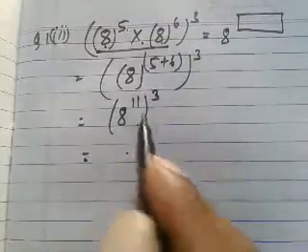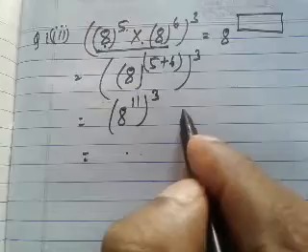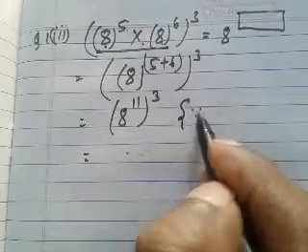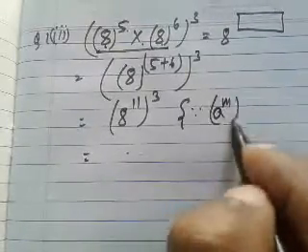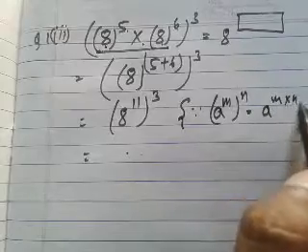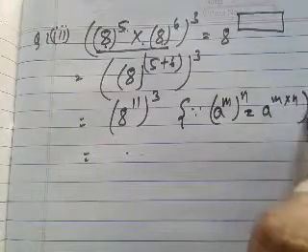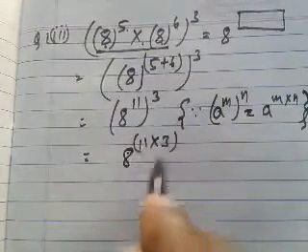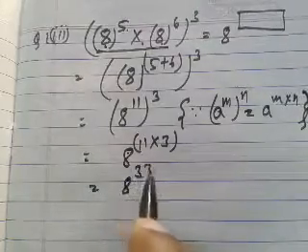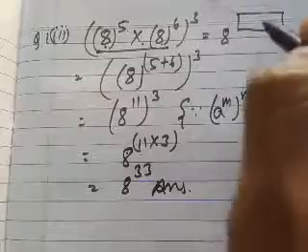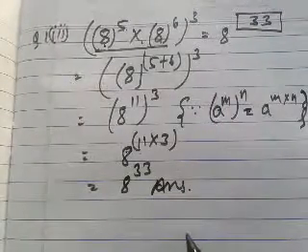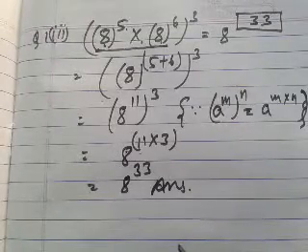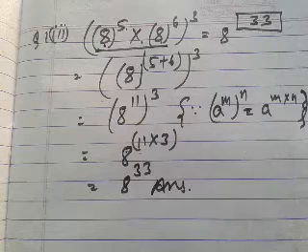And again it resembles a raised to the power m, its power n, so we can write m multiply n. So 8 raised to the power 11 multiply 3, and we will get 8 raised to the power 33 as your answer. In this case, all the 3 questions you can do as your classwork.